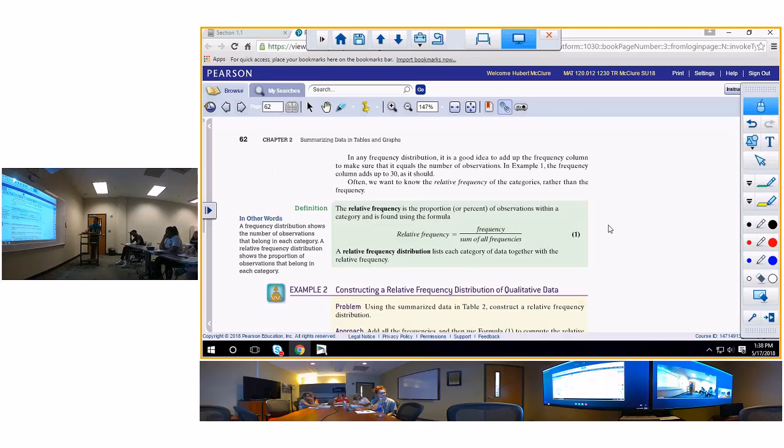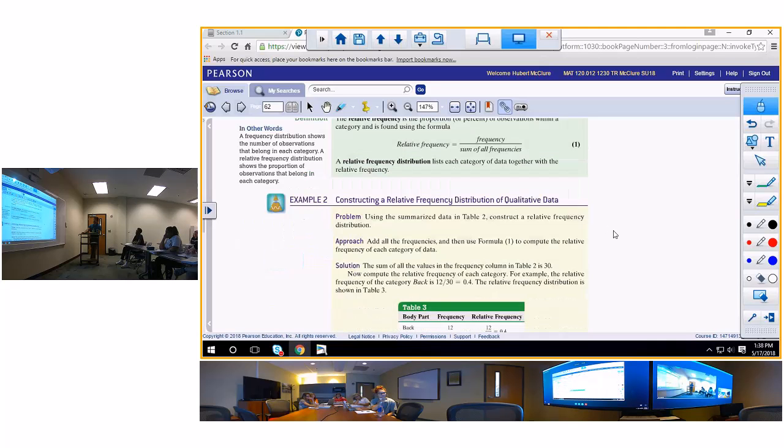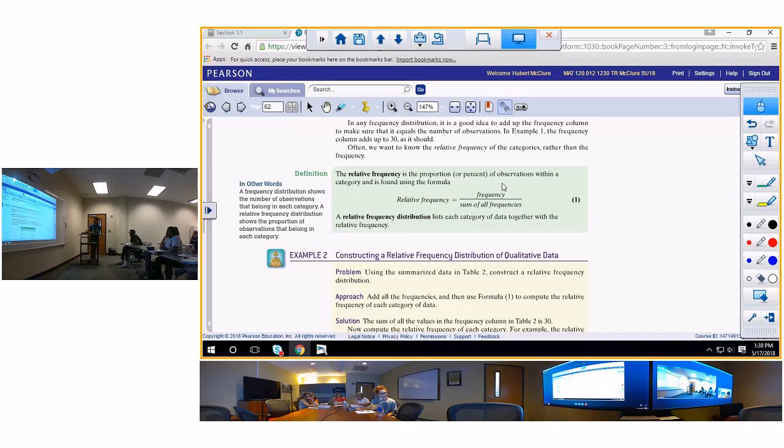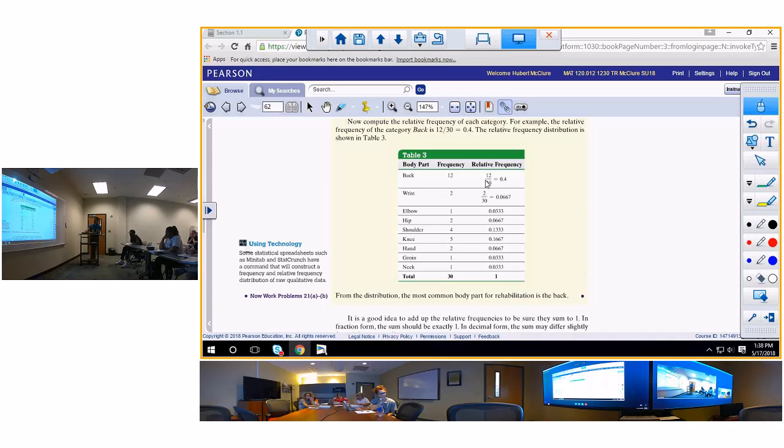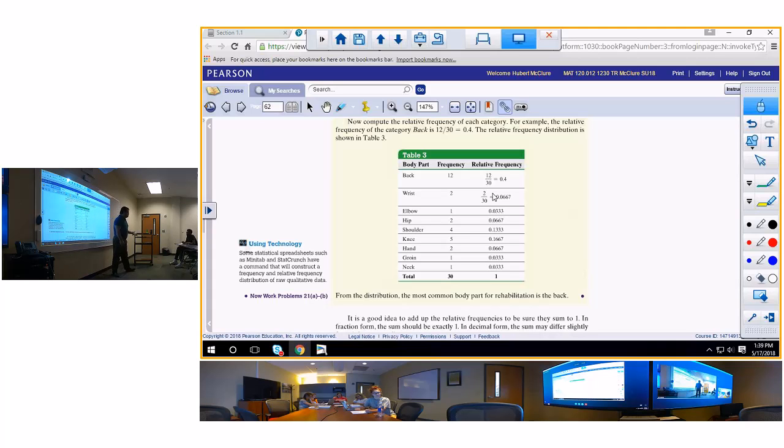One's a relative frequency. I'm not going to show you the relative frequencies like that. I'm just going to show you right here. That's the best way to figure out the relative frequency. Frequency is another word, right? You don't have to write this, but you can write the first 2 lines, okay? Cross the word frequency out and put head count or count, because frequency is a 25-cent word for count, for number.